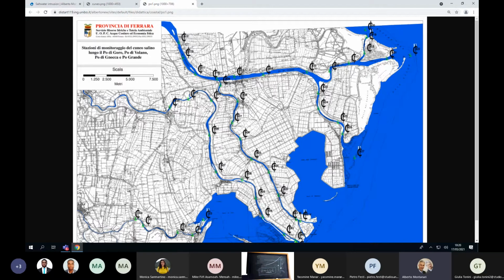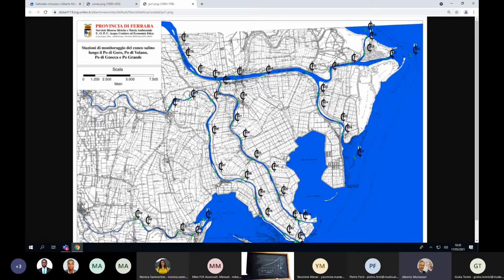And in order to get baseline information, salinity in the sea, and then you have monitoring stations along the river reaches, because what we expect to see is a decrease of salinity along the river, and a reduction of salinity into the land at a certain distance. And we have to monitor that the salinity in the river is more or less constant and doesn't increase.